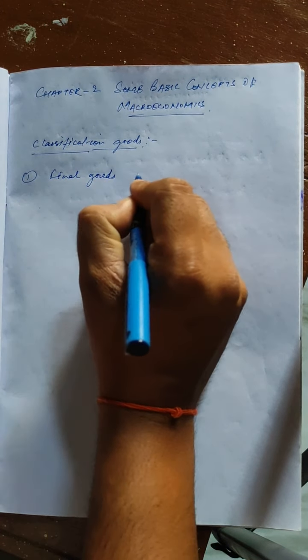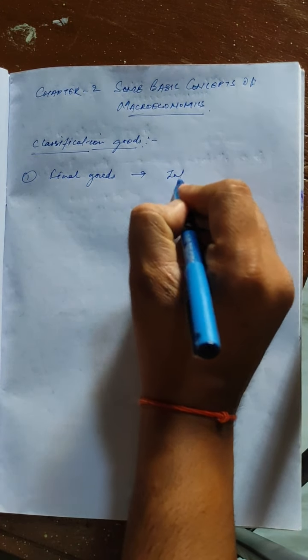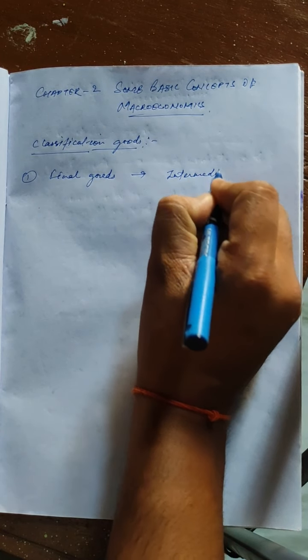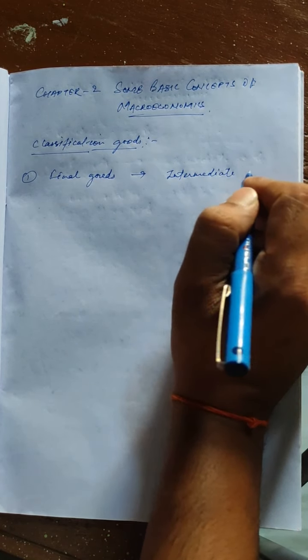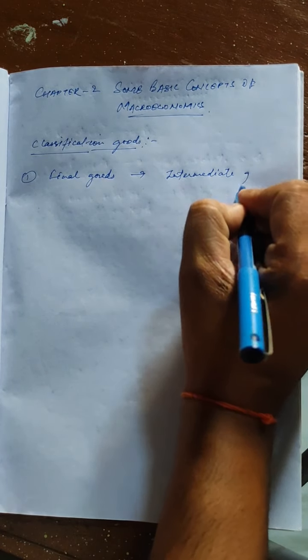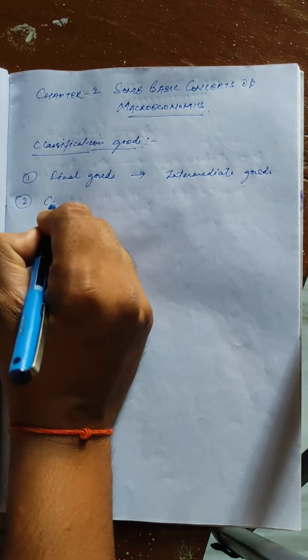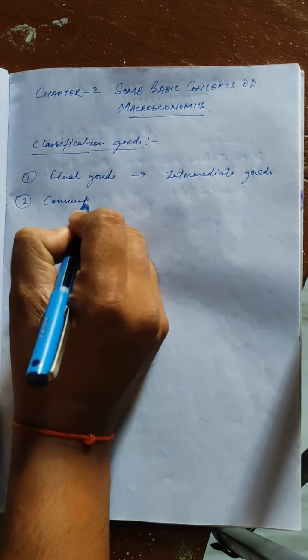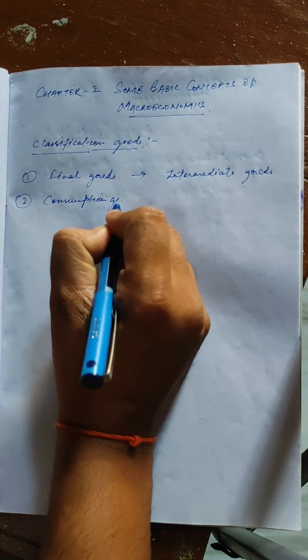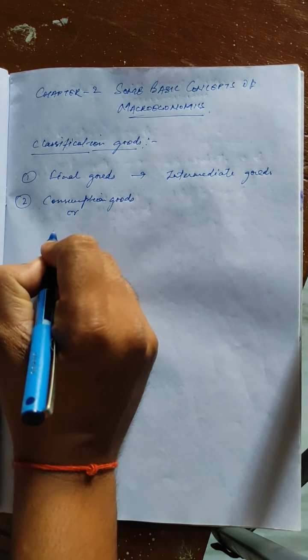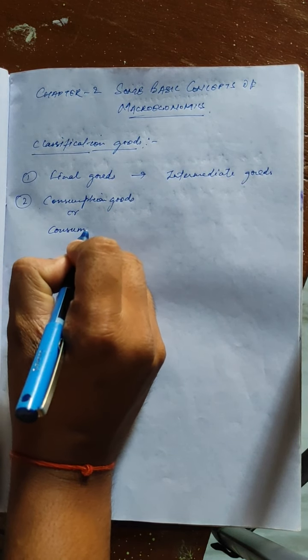Final goods come with intermediate goods, so we need to find the difference between final goods and intermediate goods. Second, what are consumption goods, which are also known as consumer goods.